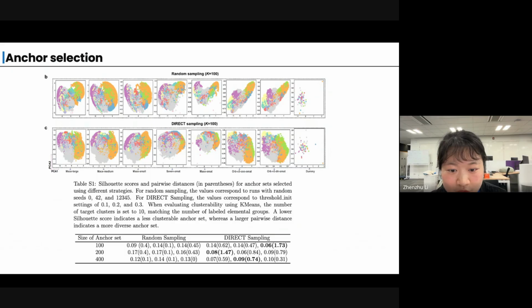Based on these two metrics, we find that direct sampling offers better clustering of the representation space, so we use direct sampling rather than random sampling.